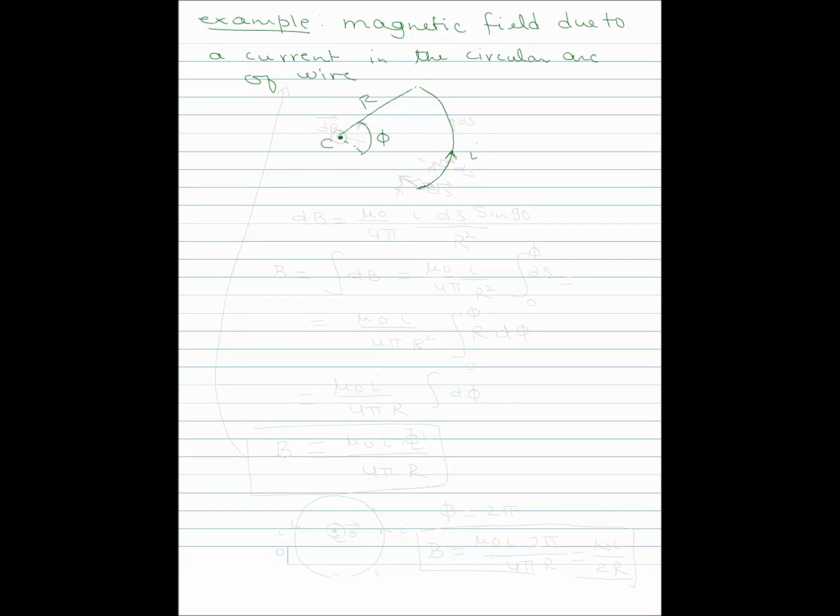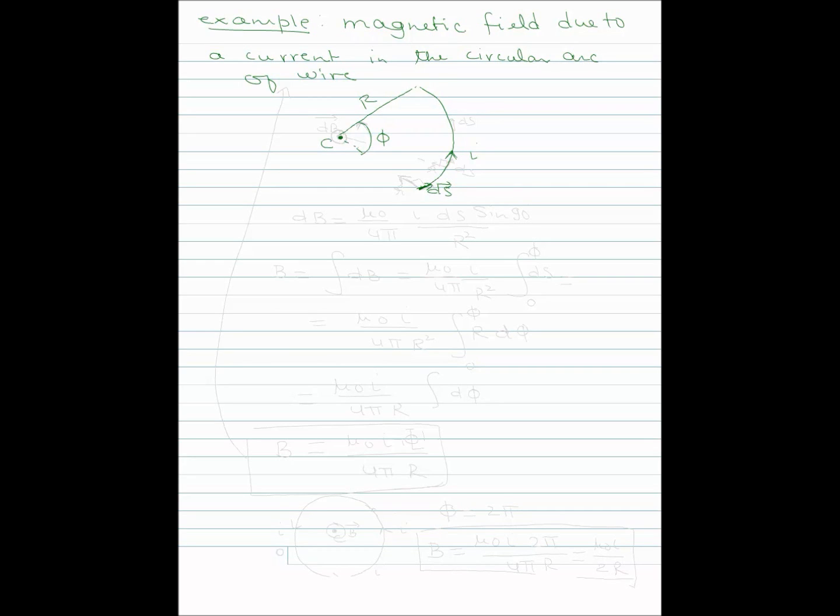Okay, so the question is, can we use Biot-Savart law to find the magnitude and direction of magnetic field in this case? Yes, of course we can. So let's consider some current element ds, and notice that ds will always be tangent to the path in the direction of current.